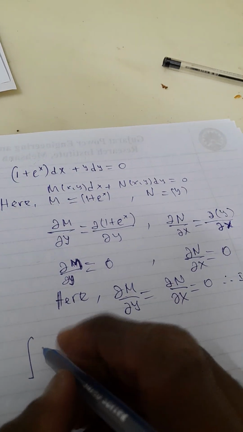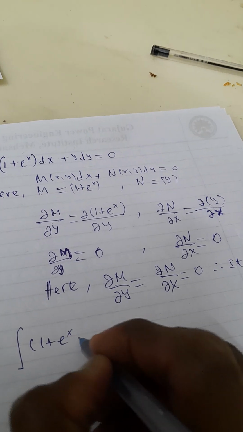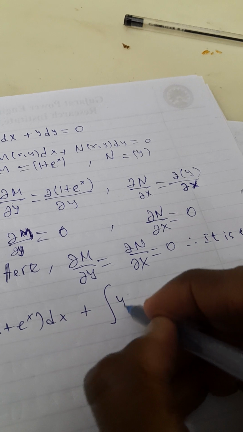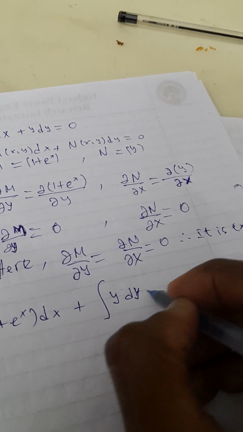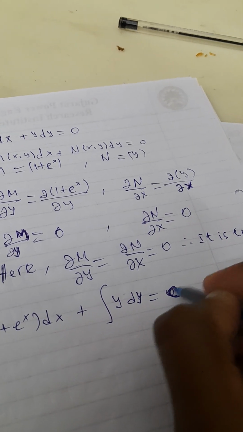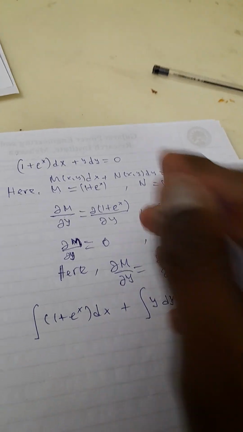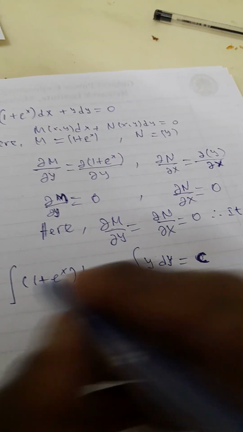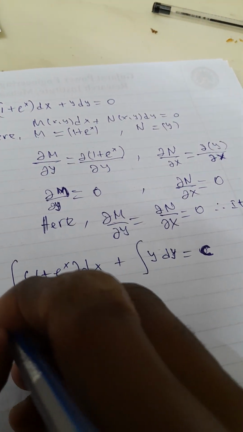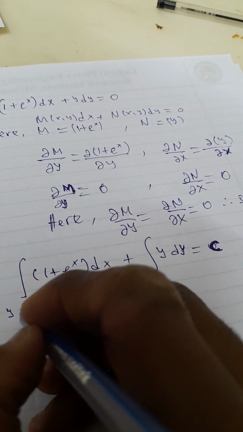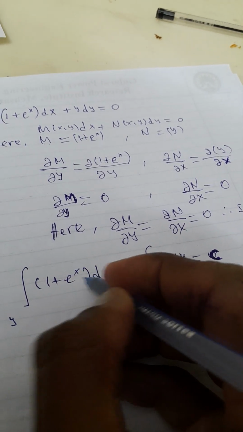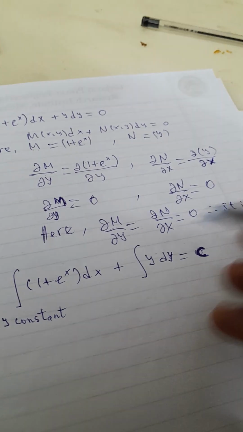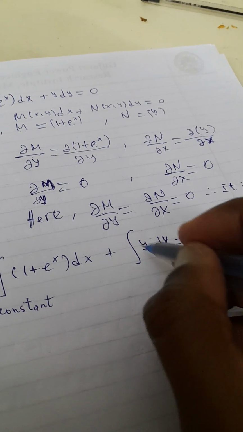This will be the integration of 1 plus Euler raised to x dx plus the integration of y dy equal to c. Now see, because the integration of 0 is 0 and 0 is constant, so yeah. Here we have to understand that y is constant, and we have to be aware of this.